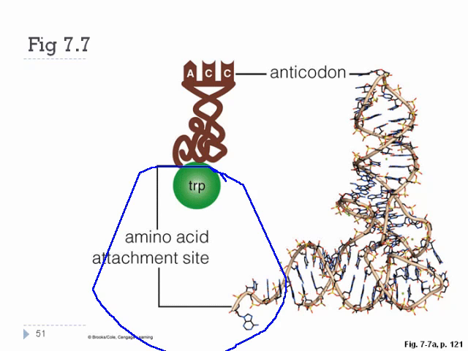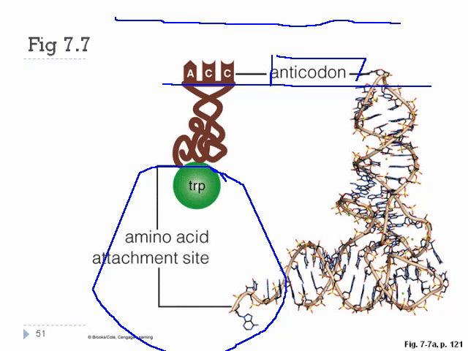One end attaches an amino acid to itself. And at the other end, it has 3 nucleotides that are important, called the anticodon. And they can base pair, form hydrogen bonds, with the mRNA codon.